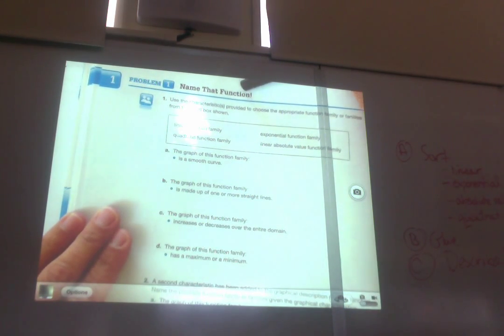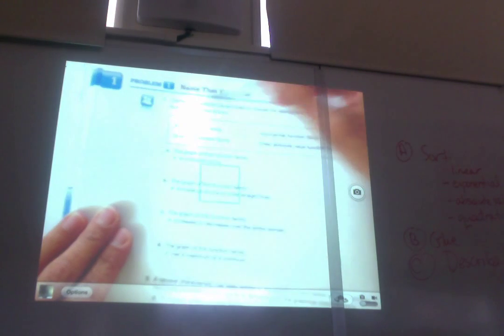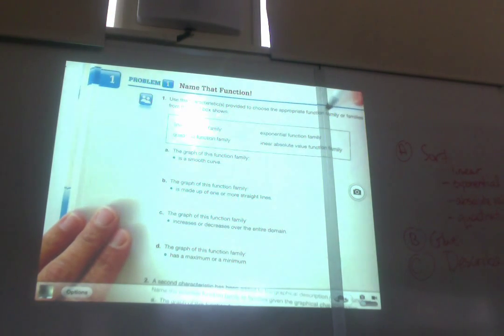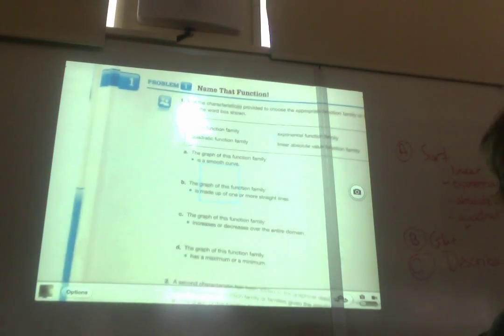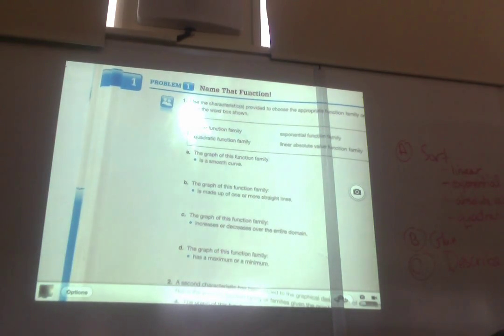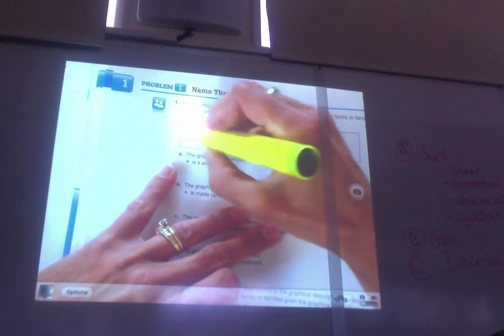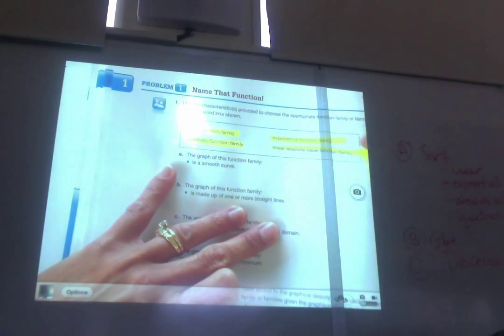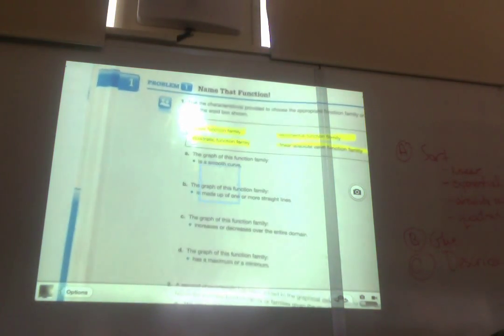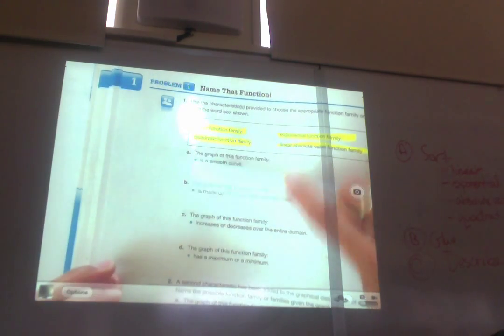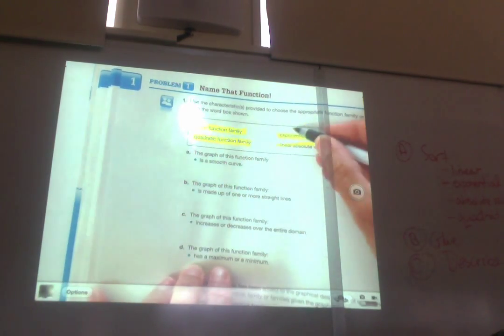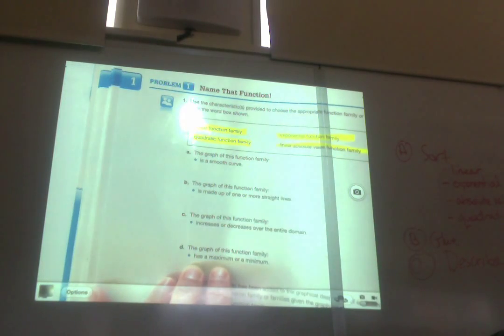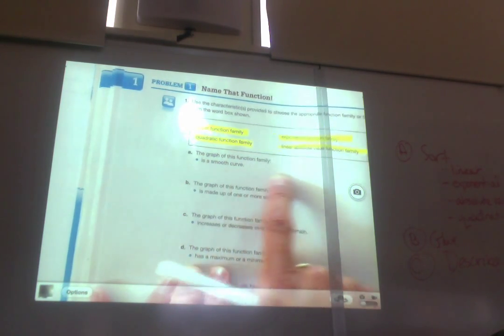Okay, name that function. Continuing to think about families. Use the characteristics provided in the appropriate function family or families from the word box. So up at the top of page 54 are the four we looked at: linear, quadratic, exponential, and absolute value. Now they're going to describe them in A, B, C, D, and we're going to write one or more of those names down.